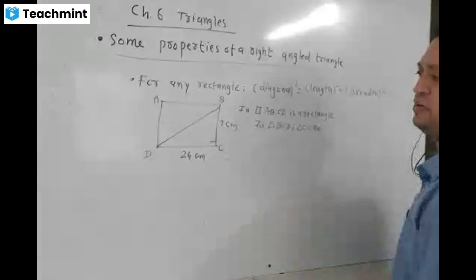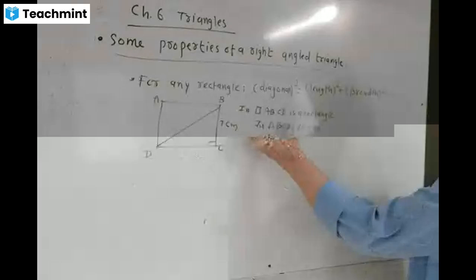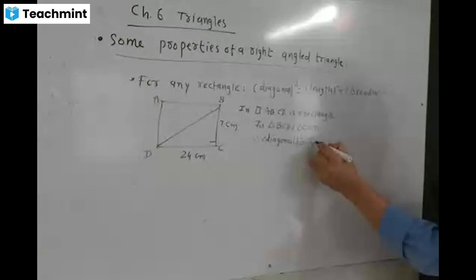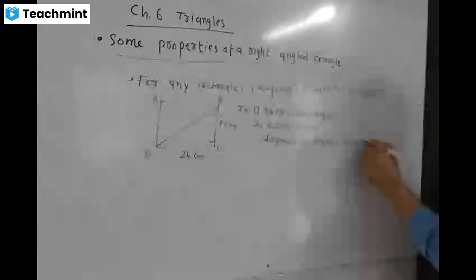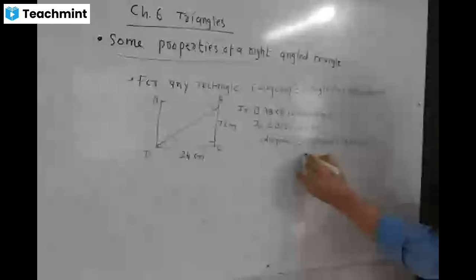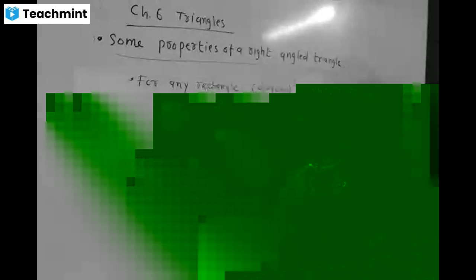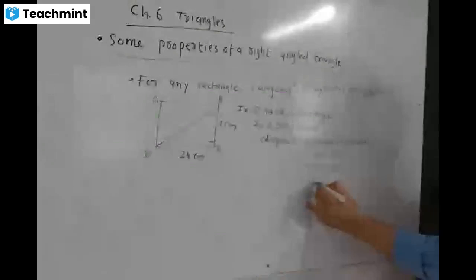Therefore, diagonal square is equal to length square plus breadth square, which is 24 square plus 7 square. 576 plus 49 is equal to 625, and 625 is the square of 25.